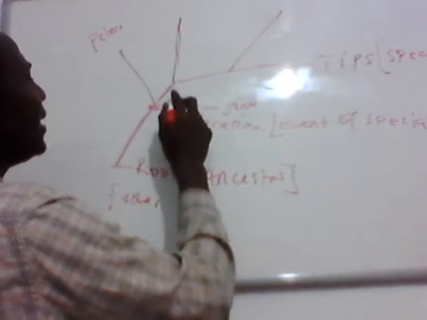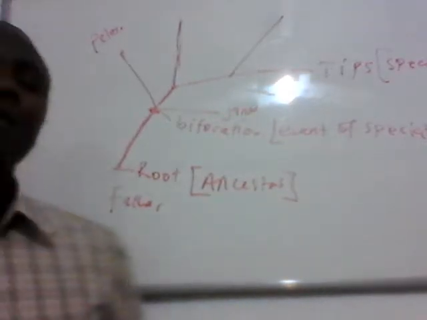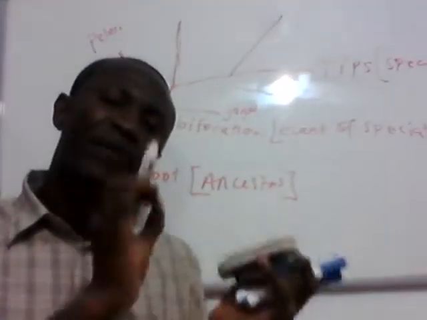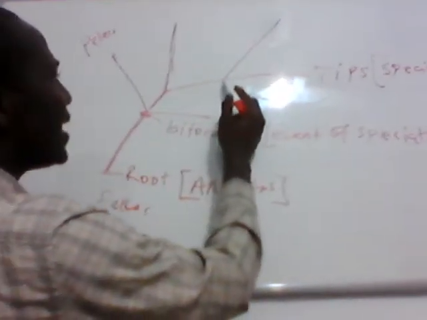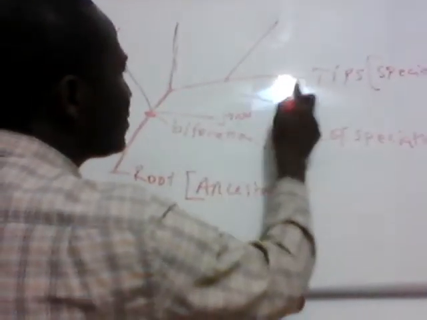In most cases two different species will radiate, and sometimes just one species will radiate from a particular bifurcation, just like here. Just a single lineage has diverged and it comes this way.